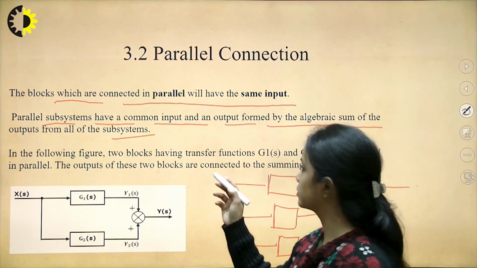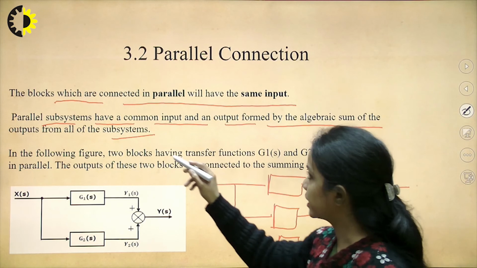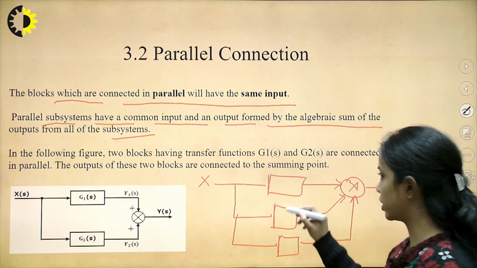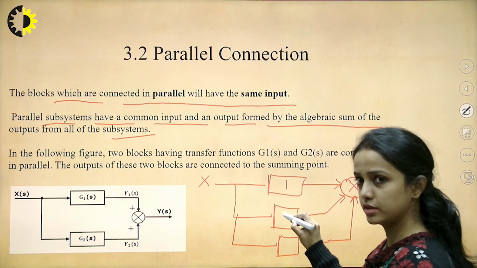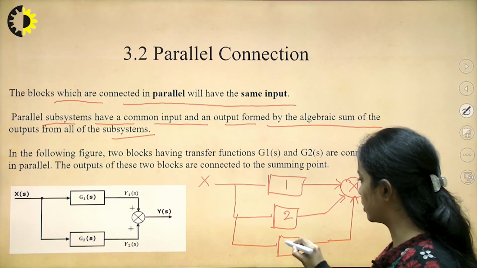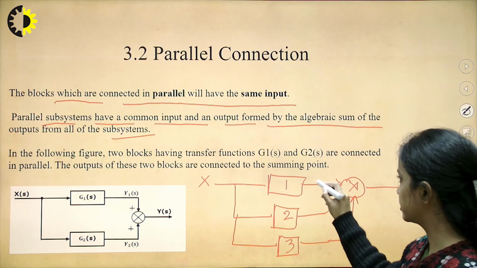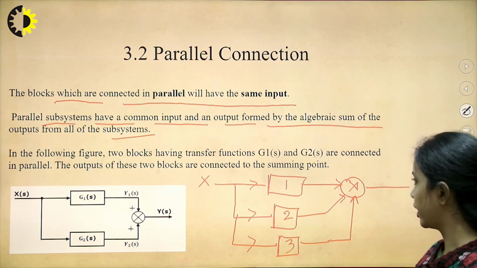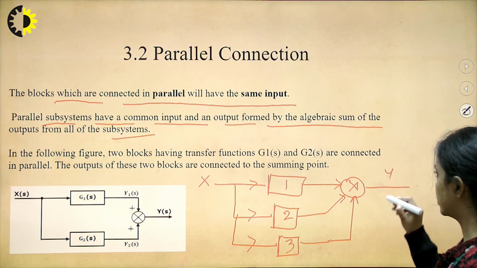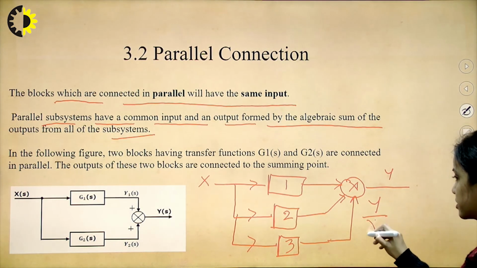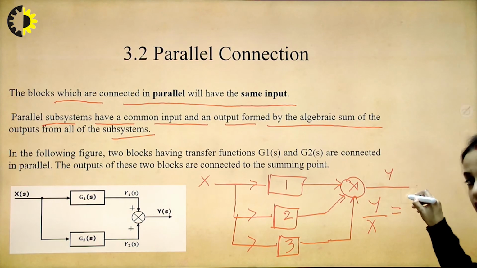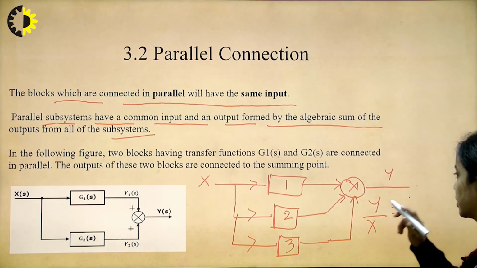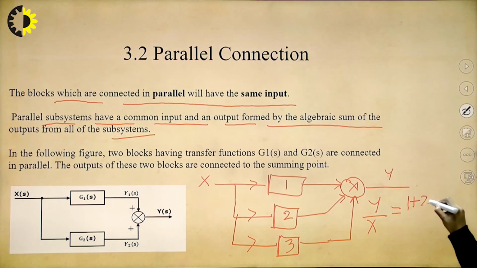Let us say this is the common input given to all of them. This is the first block, second block, the third block, and these are the different takeoff points and we are just adding them. So Y by X would be simply the algebraic sum: 1 plus 2 plus 3.